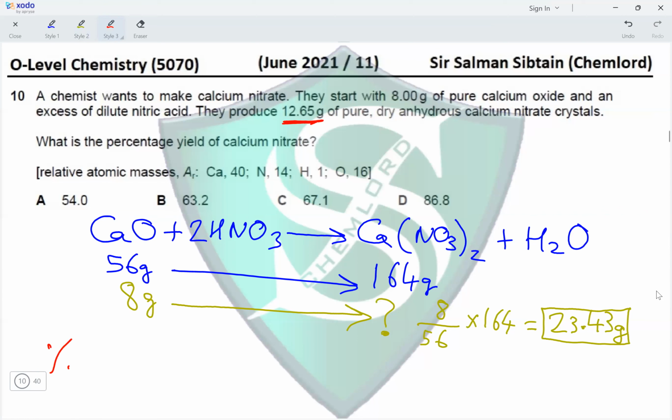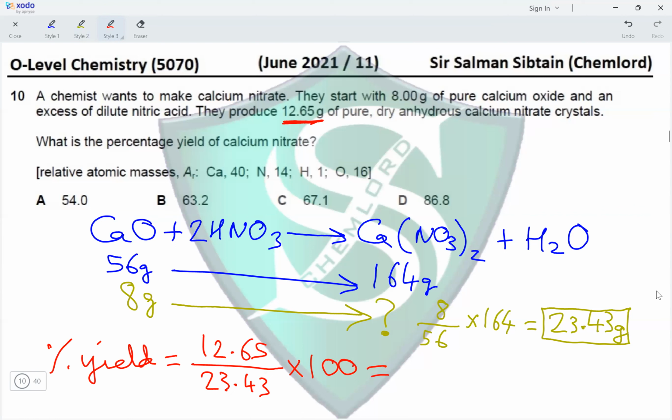So for percentage yield, the amount produced as given in the question, 12.65, divided by the amount that was supposed to be produced, which is 23.43 as calculated, times 100 gives us a percentage yield of 53.99%, and this makes option A the correct option for this question.